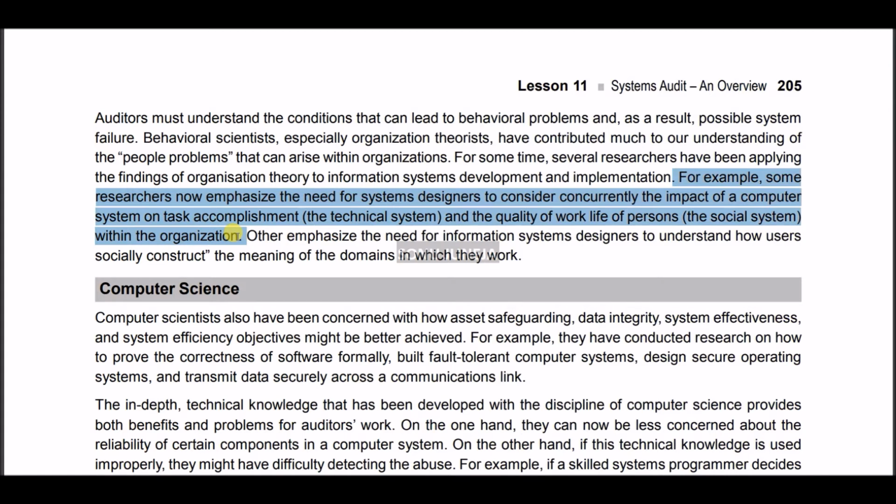So the thing which is highlighted is, for example, some researchers now emphasize the need for an information system designer to consider concurrently the impact of computer systems on task accomplishment. Designers who are creating the information system environment for the people who are about to use it need to make sure that the technical system is based on the present scenario and user friendly, and that the quality of work life of persons, the social system, stays within the organization.